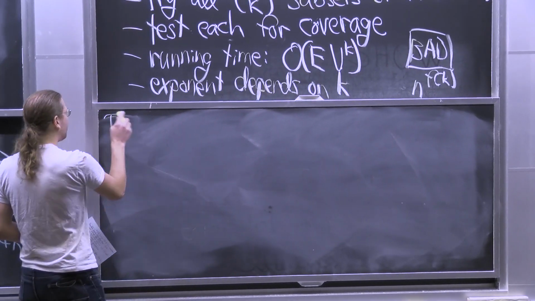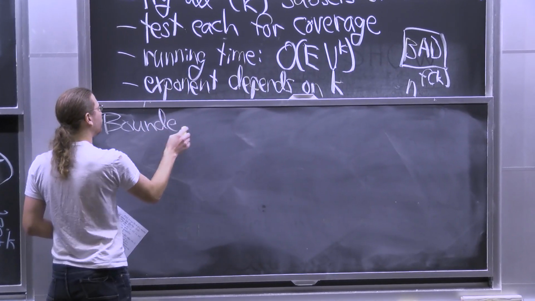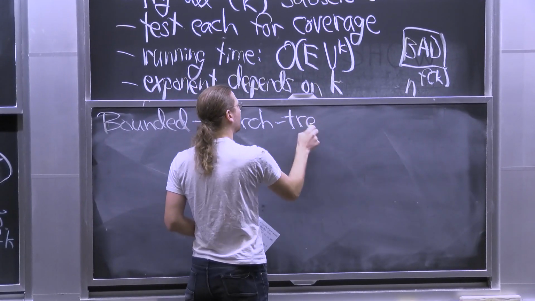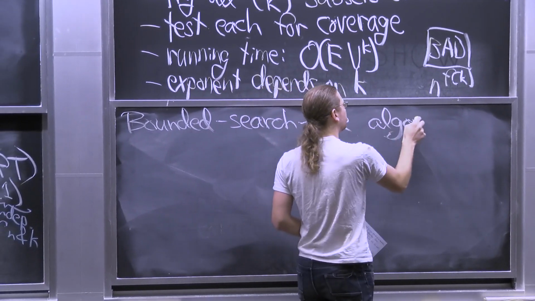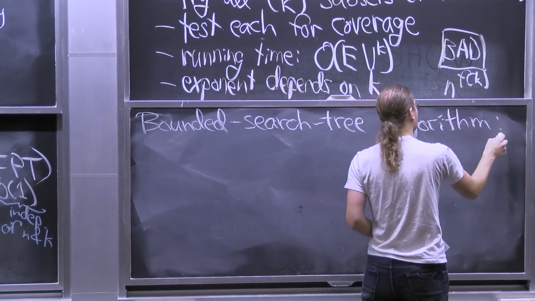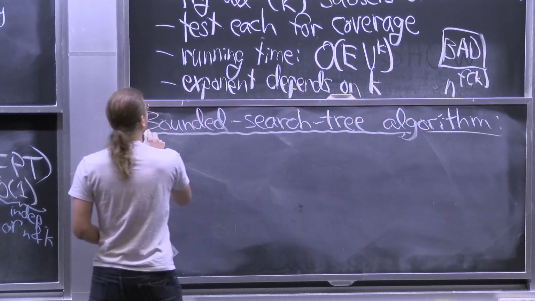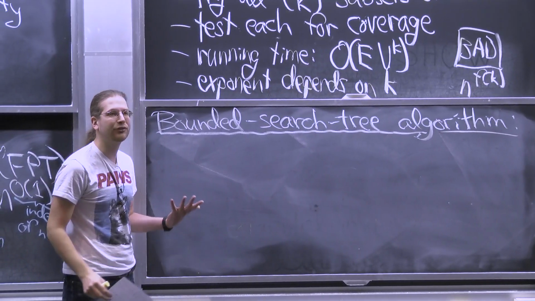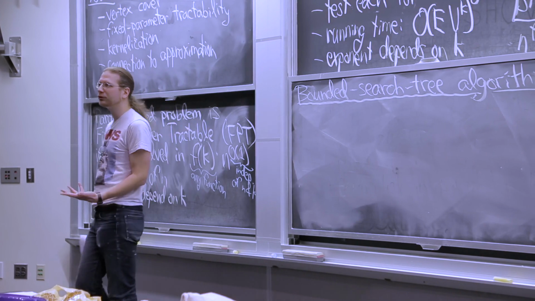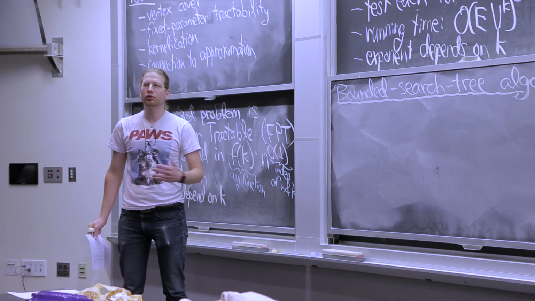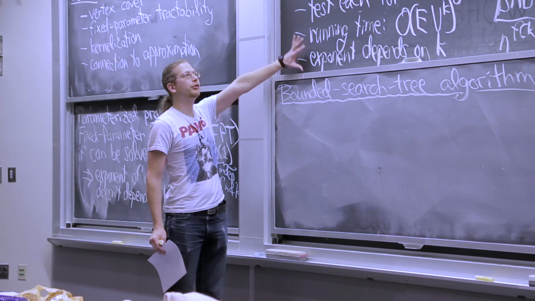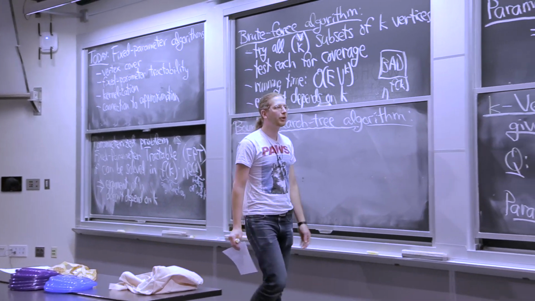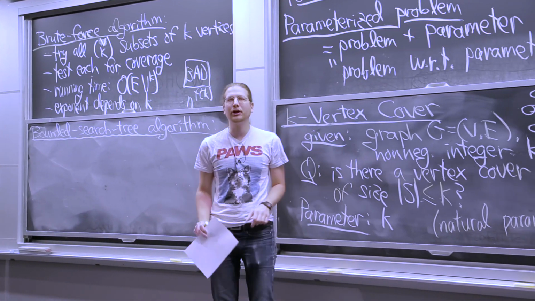But I'm going to give it a different name, which is bounded search tree. This algorithm is also going to feel like dynamic programming, or we're going to use guessing. In general in exponential algorithms, it's natural to use guessing, but here, when I guess, I have to try all the possibilities. Here, this was one way of trying all the possibilities. We're going to be a little bit more sophisticated in how we try all the possibilities, in a way that actually exploits the properties of vertex cover.